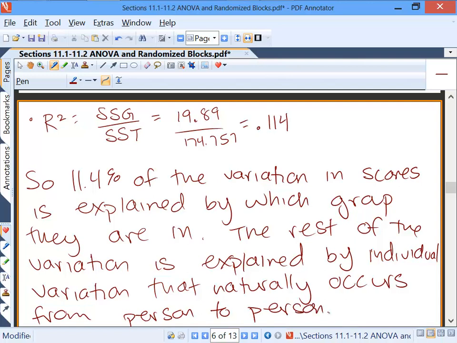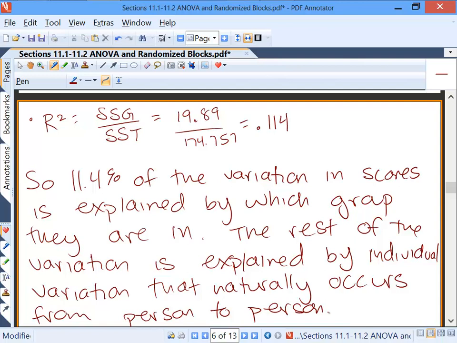So that was actually an incredibly low R-squared value. Okay. So even though we did have a small p-value and we did say that we're very sure statistically that there was a difference in the population means, now we can say, okay, 11.4% of our total variation in our scores is explained by which group you're in. And the rest is just caused by the natural variation from person to person.